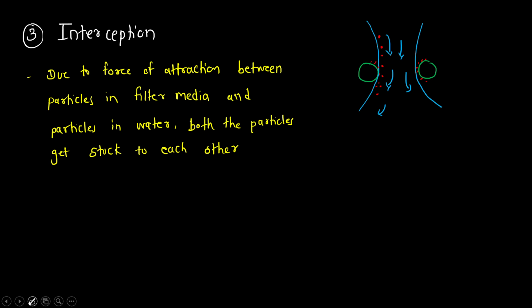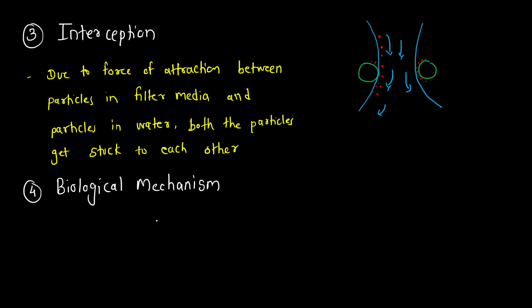Okay. Now the last one and the most important process or mechanism in this filtration is called the biological mechanism. Now in this biological mechanism, there are three most important layers or zones of purification that are developed on the sand bed.